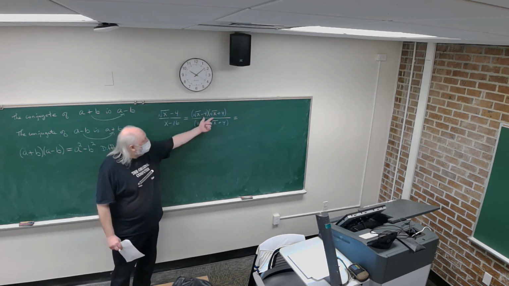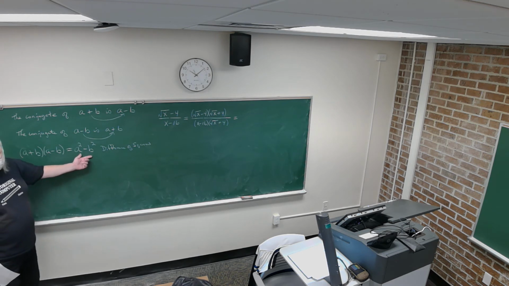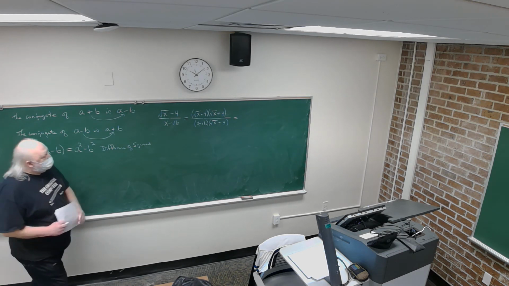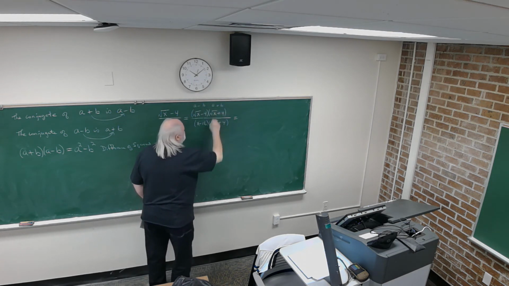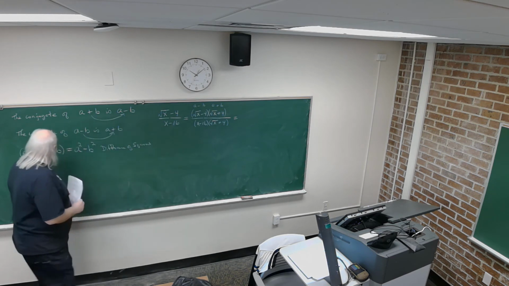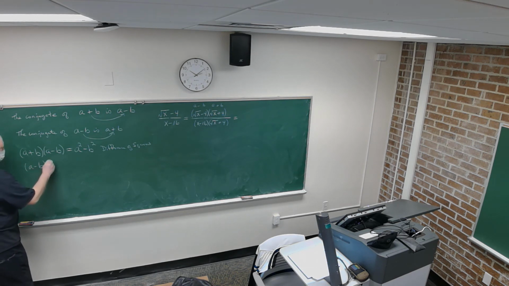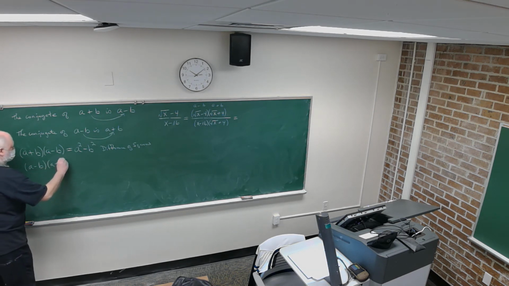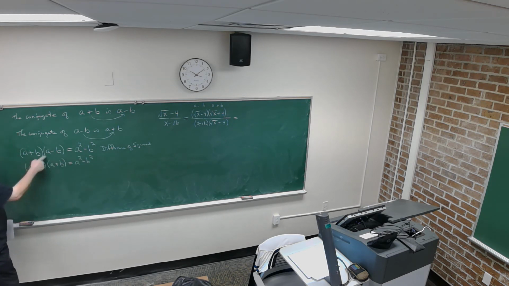And now when we FOIL the numerator, we're going to create a difference of squares. In this case, this is like A minus B times A plus B. I wrote it backwards over here, because I wrote this as A minus B times A plus B is equal to A squared minus B squared, switching the order of the two factors.